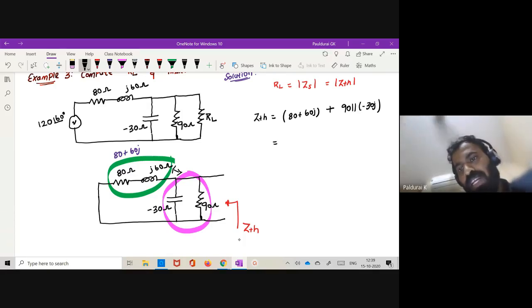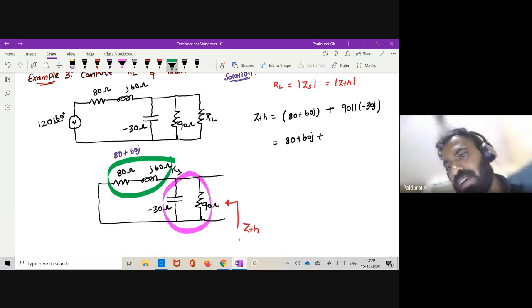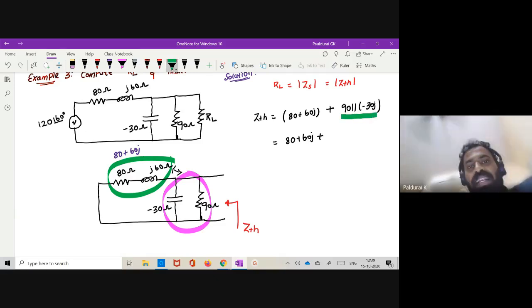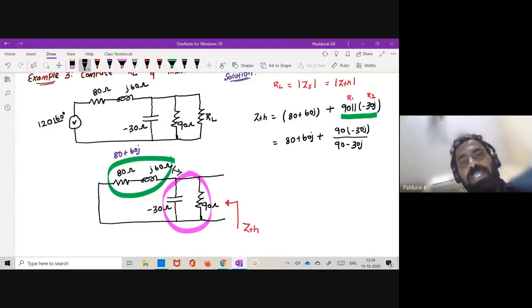So how will you calculate this? 80 plus 60J plus, first calculate this parallel combination. Here R1 is 90 and R2 is minus 30J, and you know the formula R1 R2 divided by R1 plus R2. Simple substitution. Just type this expression in your calculator. It will give you the answer.